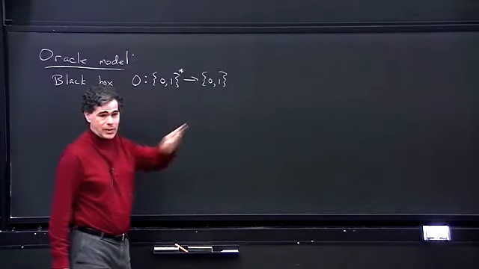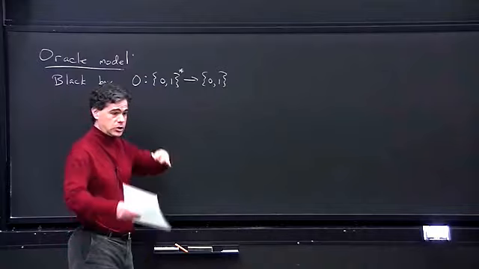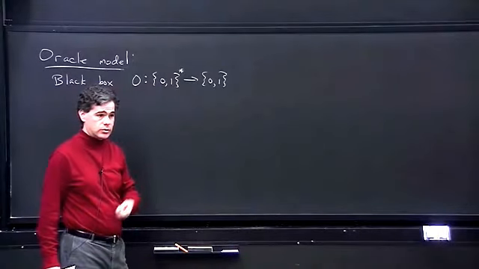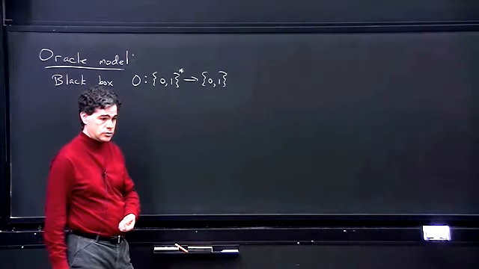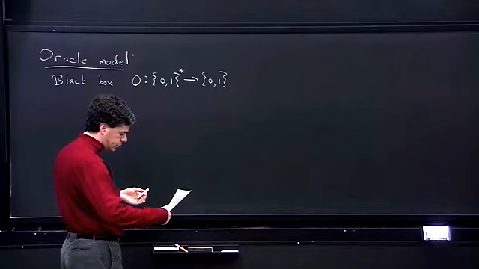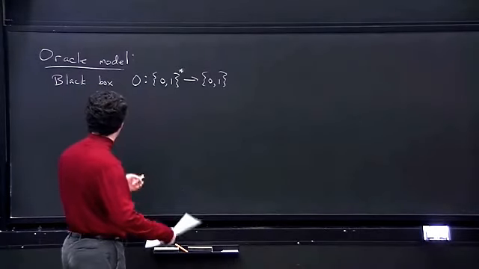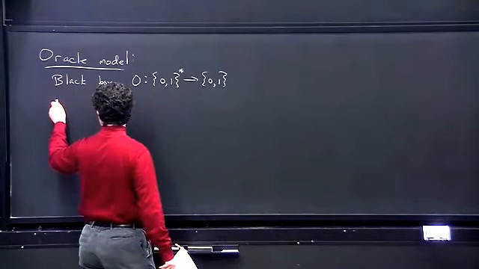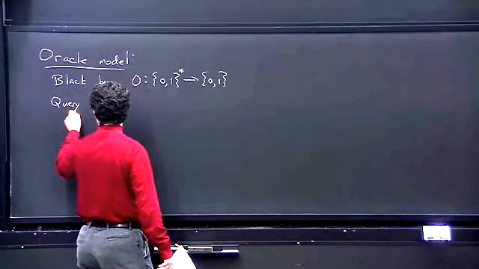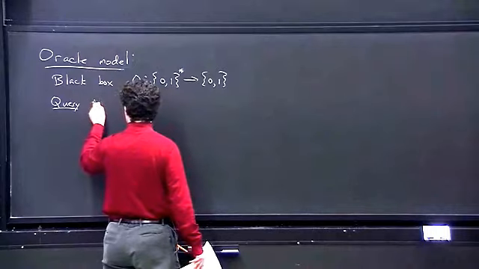We don't know anything about how O is computed. It's just some machine. We feed in a number to it, and out comes an answer, 0 or 1. And in the oracle model, we make queries to the oracle.